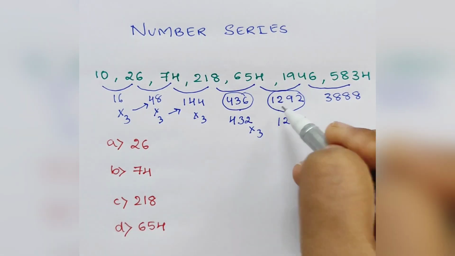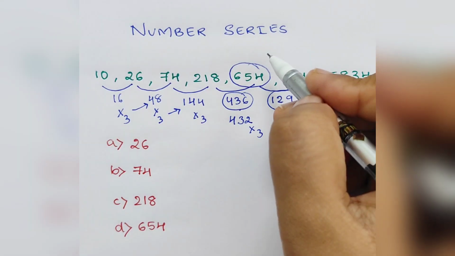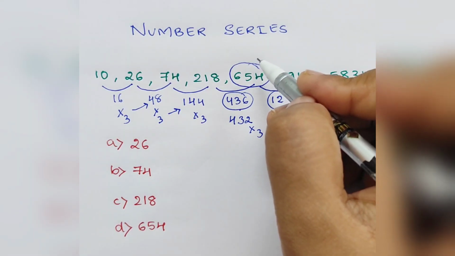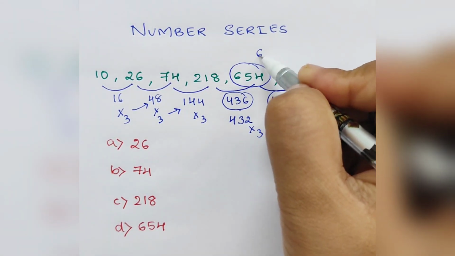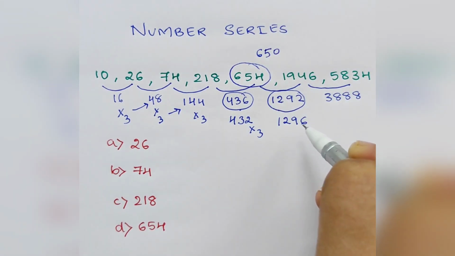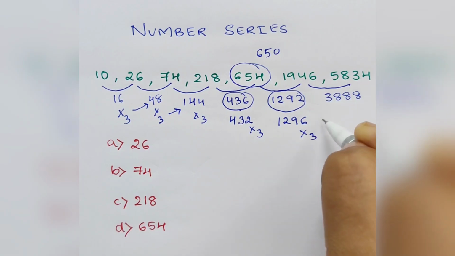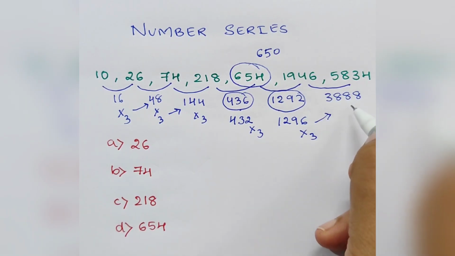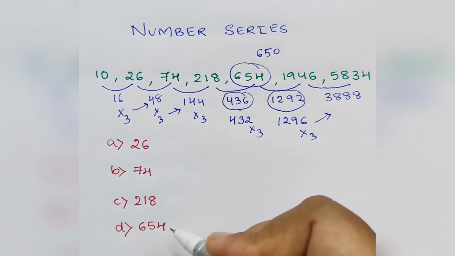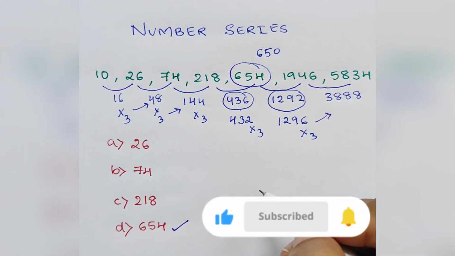So both these are wrong, which means 654 is the wrong number. Instead of 654, it should have been 650. So the pattern continues. 1296 into 3 will give 3888. So option D, 654, is the wrong number.